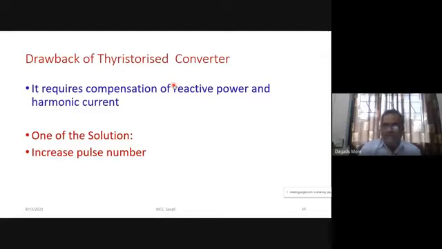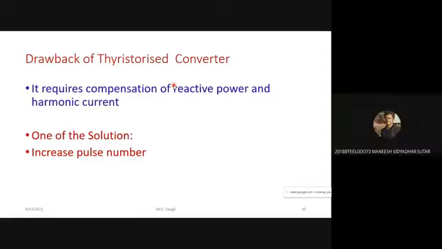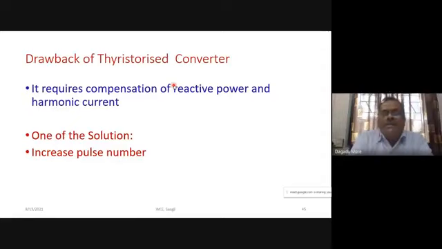And now we want the converter. What should be the ideal converter from the power supply point of view? What do we expect? The converter should operate at what power factor? 1. The converter should operate at unity power factor. That is the first thing. And what type of current should it take from the supply?